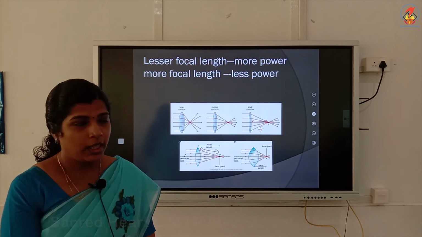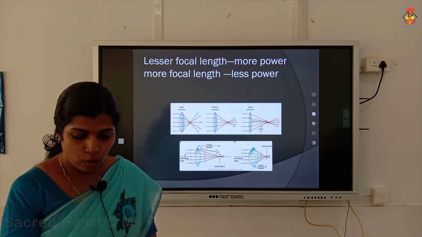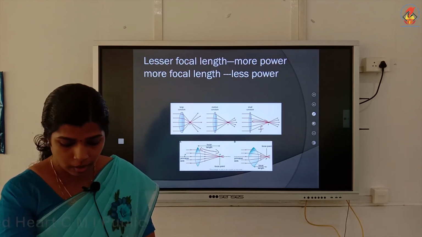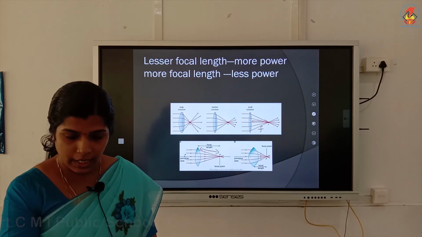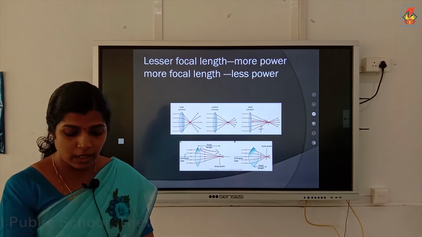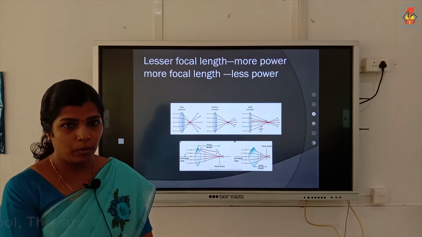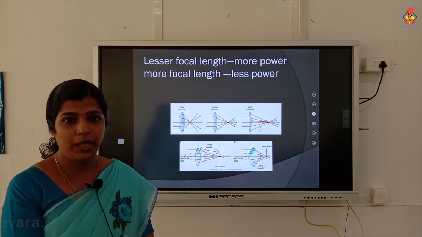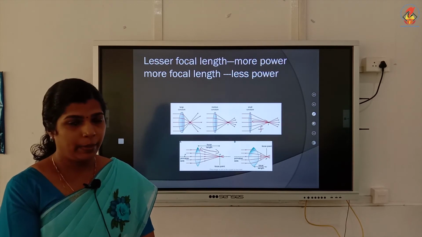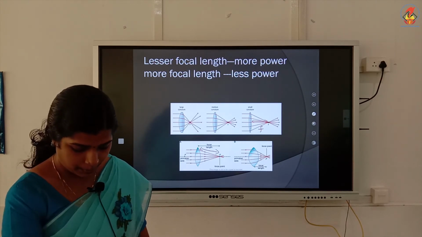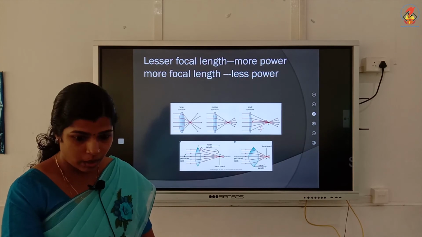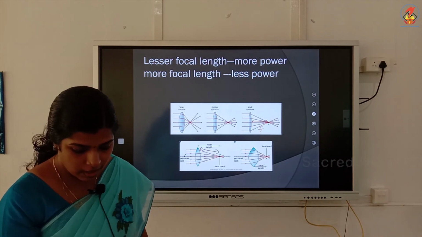There you write thin lenses, focal length will be more, power will be less. You just write that point there. Page number 177.